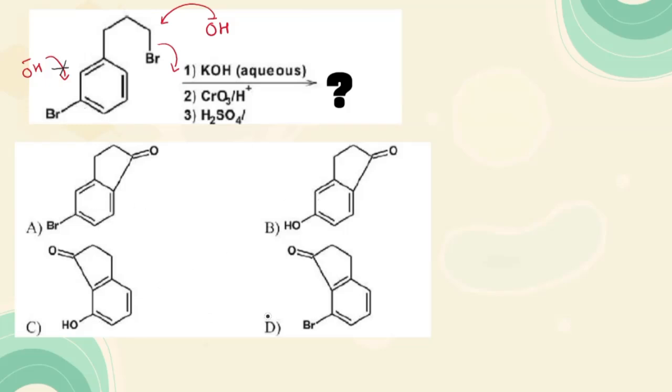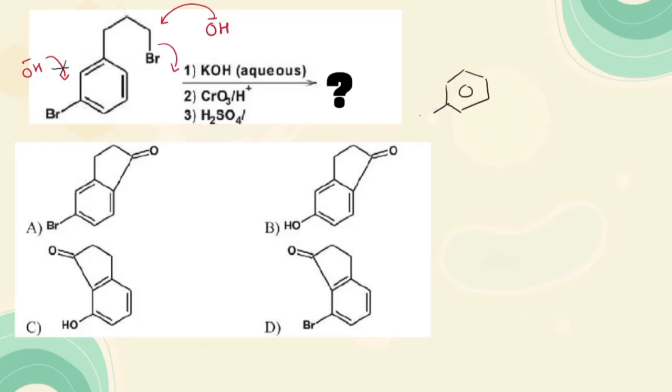So look at the options. In options A and D, the bromine is intact. Therefore, the answer has to be either A or D. You can easily eliminate options B and C now. Now, when the OH minus attacks this carbon and the bromine is being eliminated, what product can you expect?